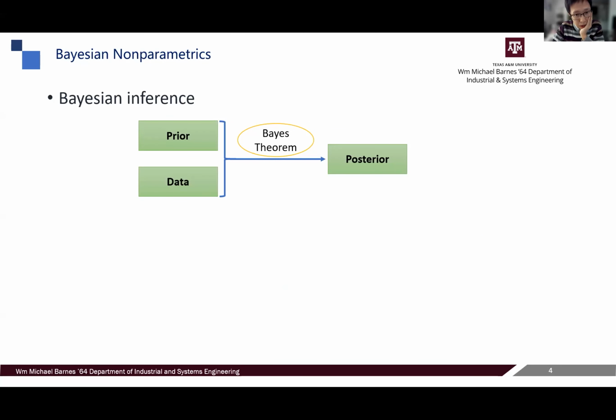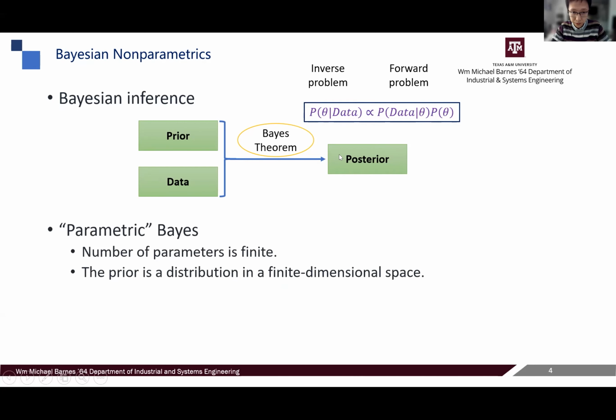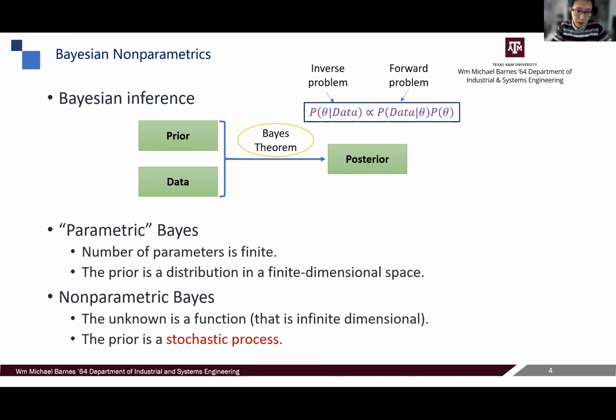From the Bayesian point of view, to accomplish this goal, we can use the so-called Bayes theorem by putting together our prior information and the data. Once we have both of them, we can use Bayes theorem to derive the posterior. When it comes to Bayesian statistics, there are two types. One is called parametric, in the sense that the number of parameters is finite.